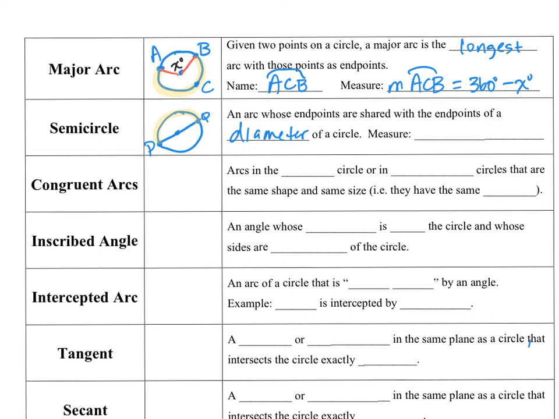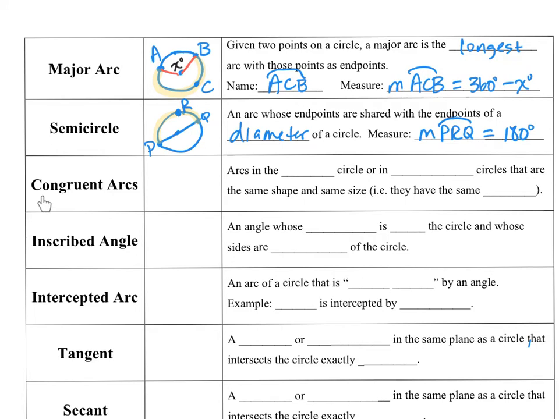So I'm going to put another point on this circle, and I'll just call it R. If I want to talk about the measure of that arc, I would say the measure of arc PRQ, or I could call it arc QRP, it's a semicircle. I'm sure it's no surprise to you that since it takes up half of the circle, every semicircle will always have a measure of 180 degrees.